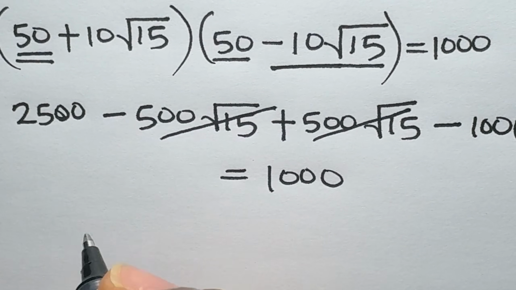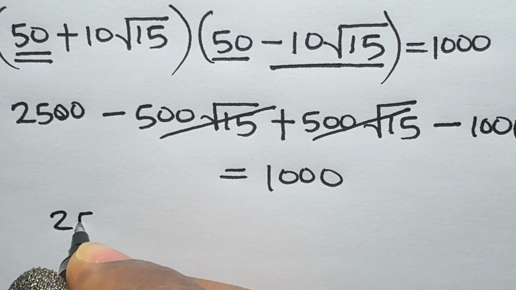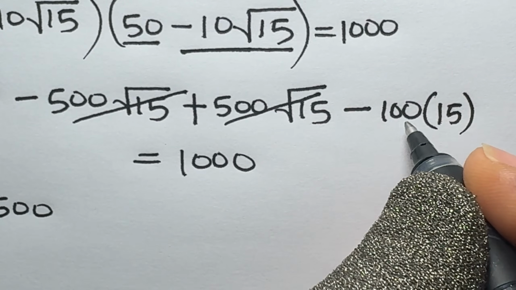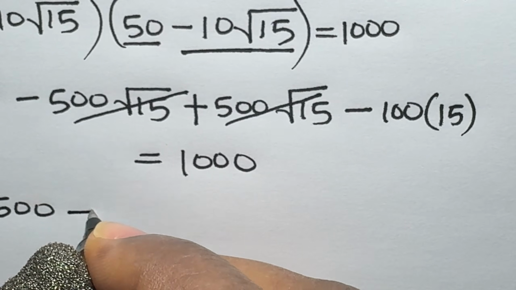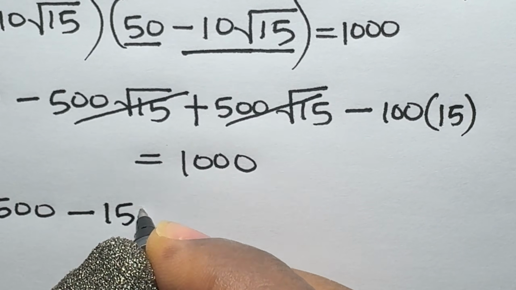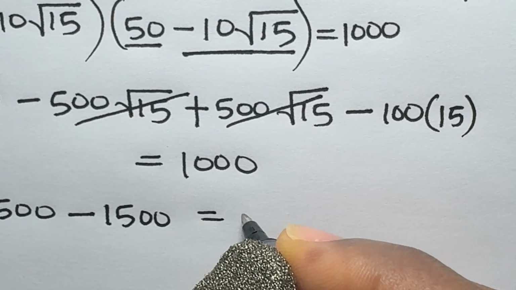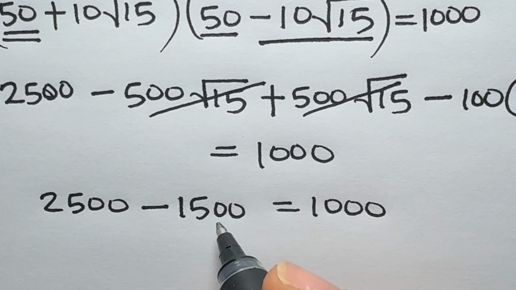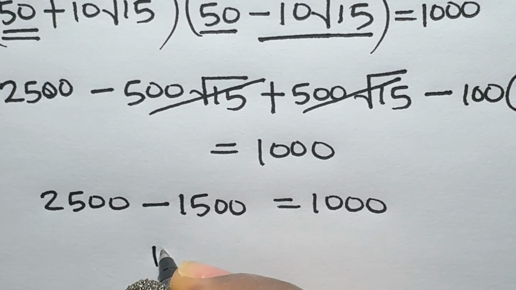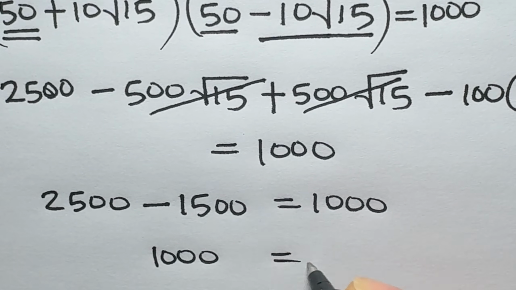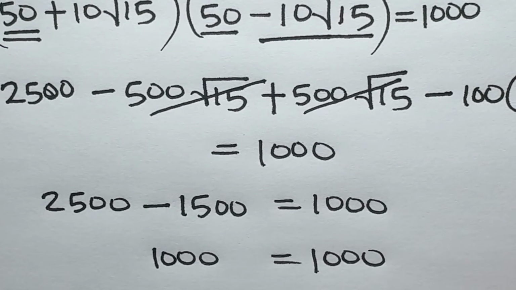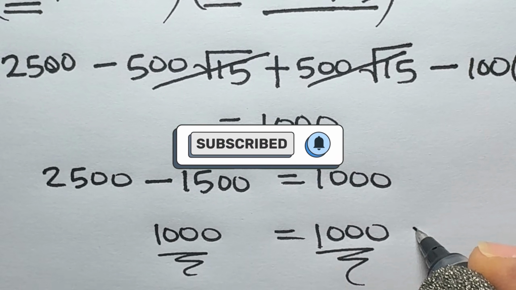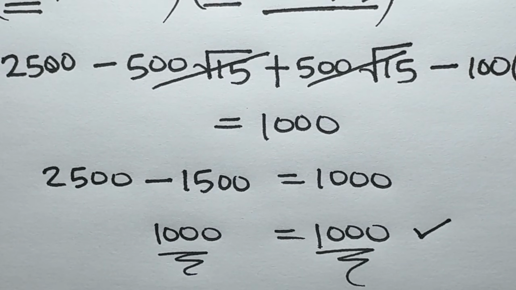So we have 2500, then minus 100 times 15 here is 1500. And this should give us 1000. 2500 minus 1500 is definitely 1000. So 1000 is equal to 1000. And since the left hand side is equal to the right hand side, it confirms that our solution is correct.